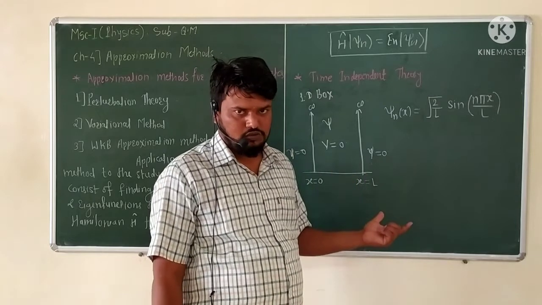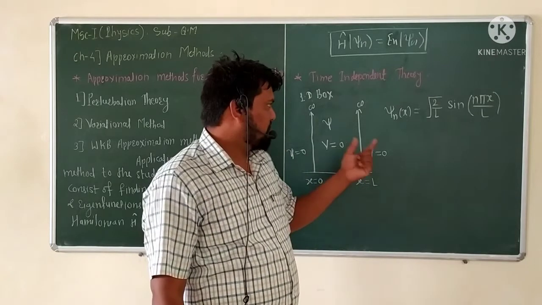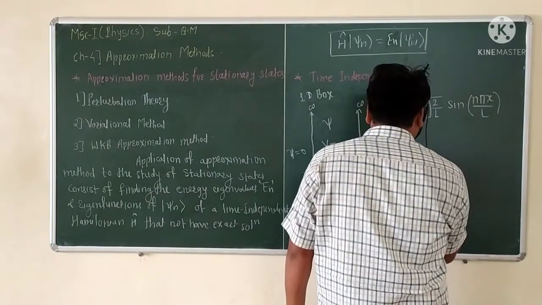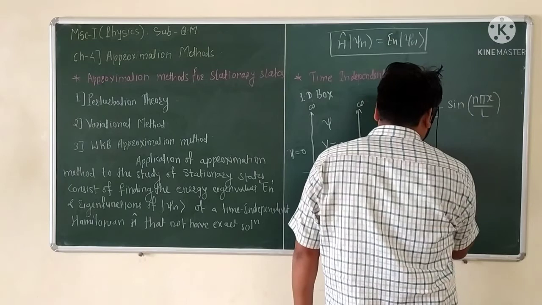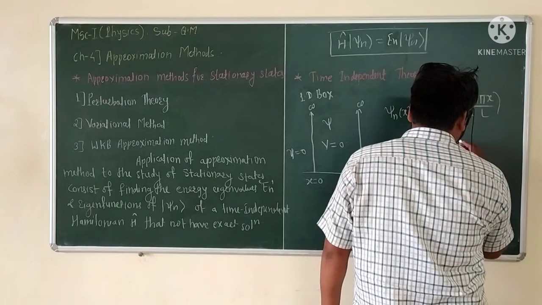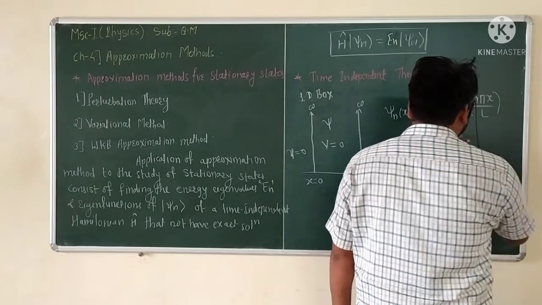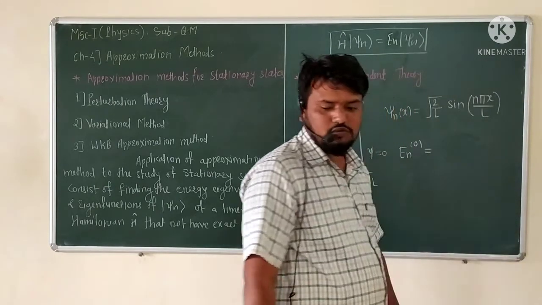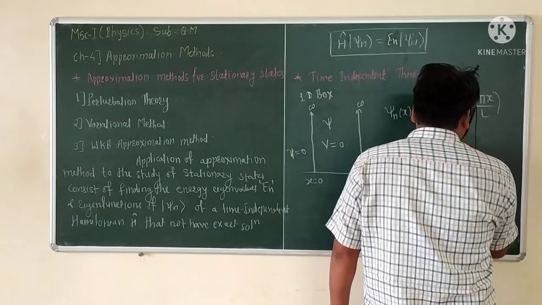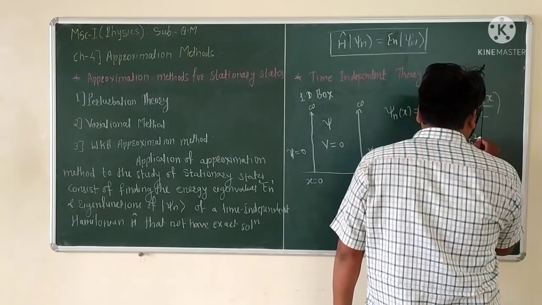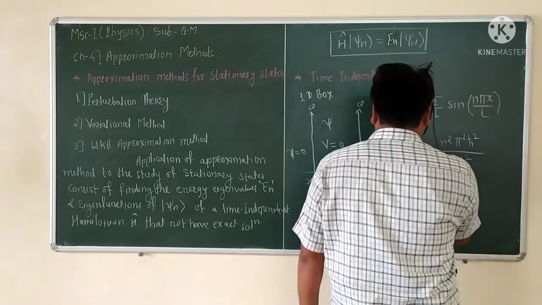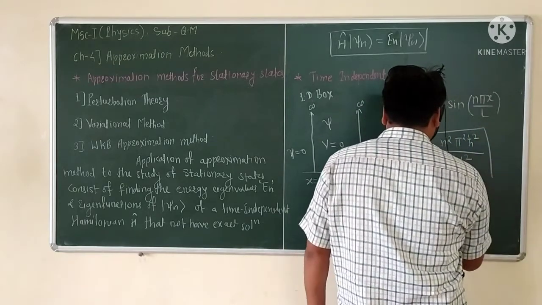If we see the ground state energy level, En, it is equal to n square pi square h cross square divided by twice m L square.